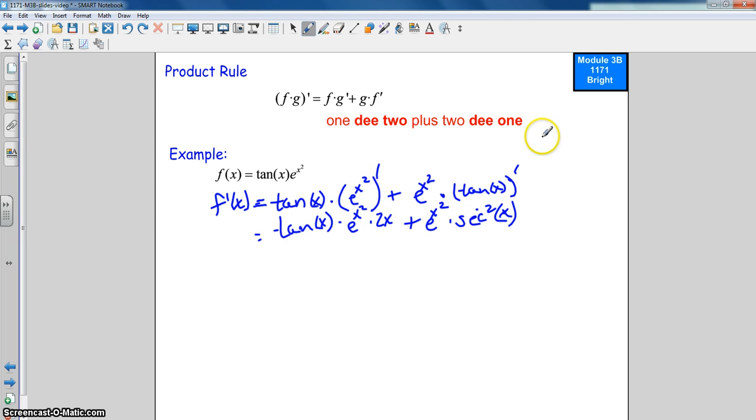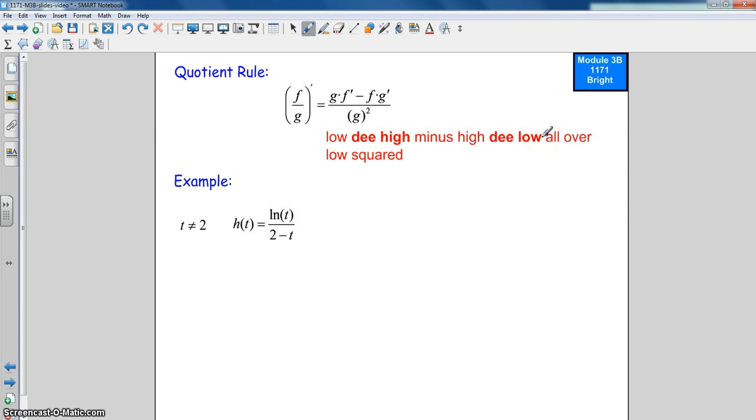1d2 plus 2d1. Second rule, quotient rule. We have two functions divided by one another. They don't need to be polynomial expressions, as you can see down here. Just some functions of x, or of at least one independent variable. And this says you're going to take the denominator, multiply by the derivative of the numerator, and then subtract from that the numerator times the derivative of the denominator, all over the denominator squared.